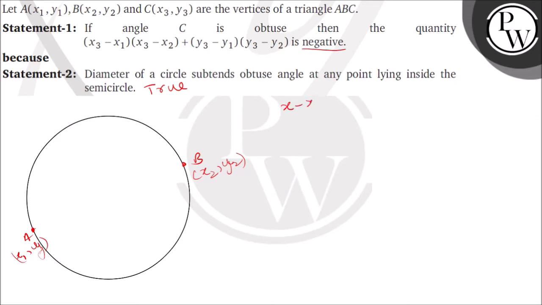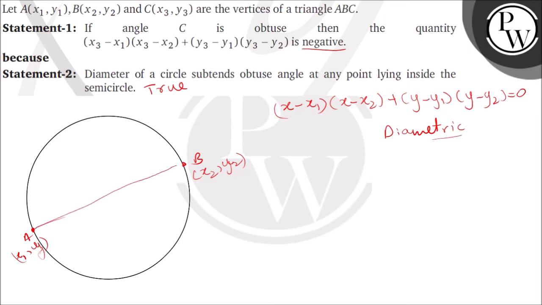It's given by (x minus x1)(x minus x2) plus (y minus y1)(y minus y2) is equal to 0. This is the diametric form of a circle. When we have the two end diametric points, we can write this as the circle's formula. Now this is the diameter, right?